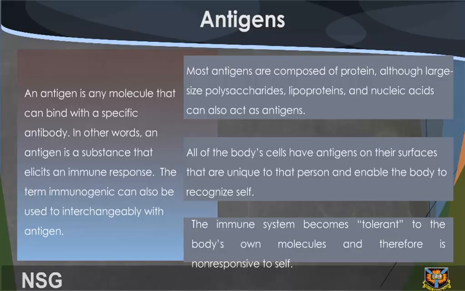Most antigens are composed of protein, although large-size polysaccharides, lipoproteins, and nucleic acids can also act as antigens. All of the body cells have antigens on their surfaces that are unique to that person and enable the body to recognize self. The immune system becomes tolerant to the body's own molecules and therefore is non-responsive to self.